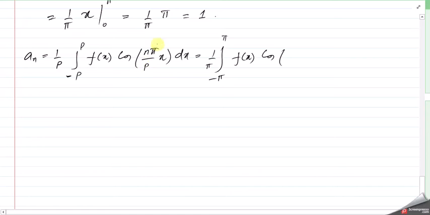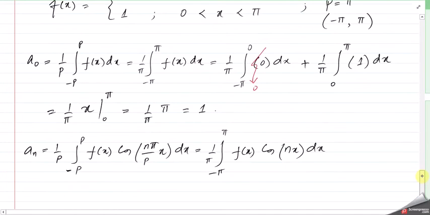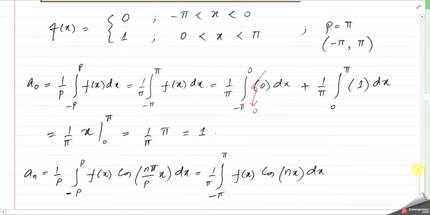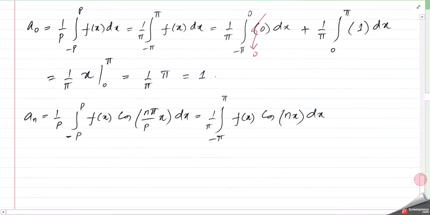That will cancel out this pi, and we will get cos nx dx. Now again, minus pi to pi, so the minus pi to 0 part will go to 0, just like our previous integral. Only the 0 to pi part, where we have function equals 1, so we will write the integral only from 0 to pi.